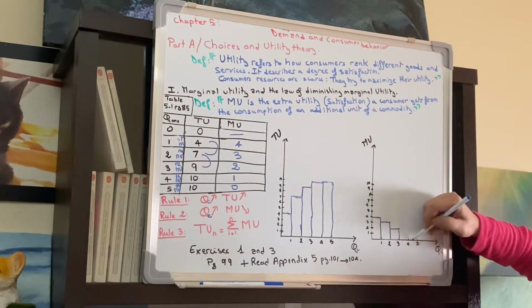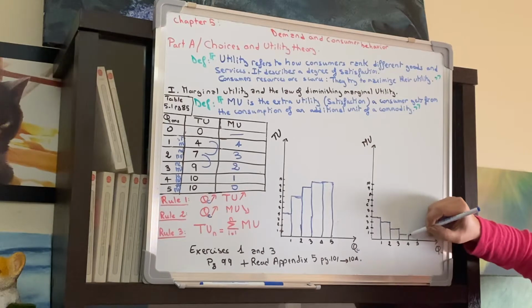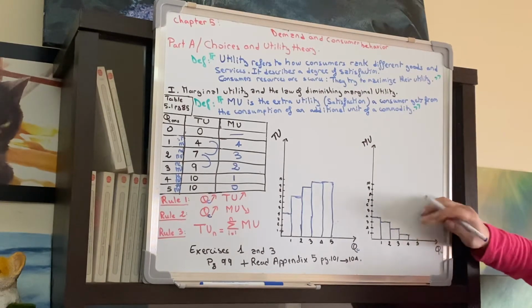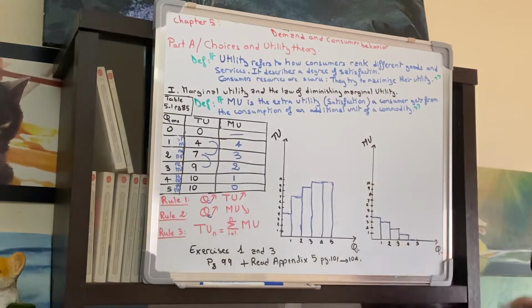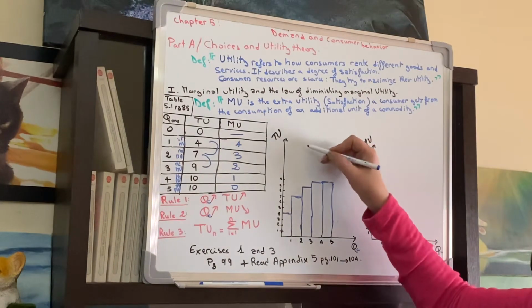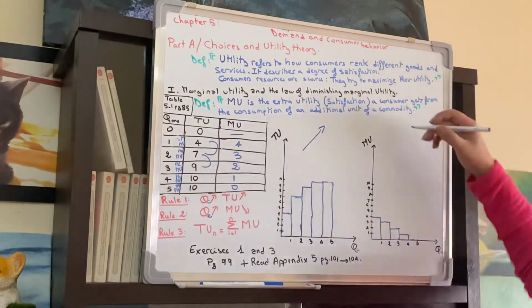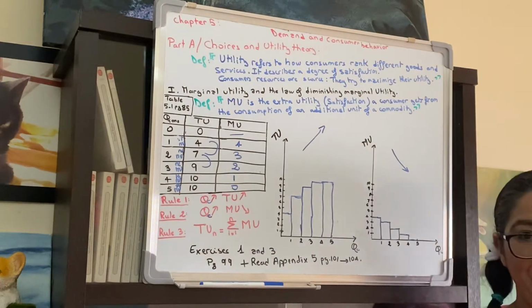For the fourth unit, it's going to be 1. And for the fifth unit, you don't really care. It's going to be 0. We just show it like this. Okay? So that's your marginal utility. This one is increasing, you see it, while this one is decreasing.